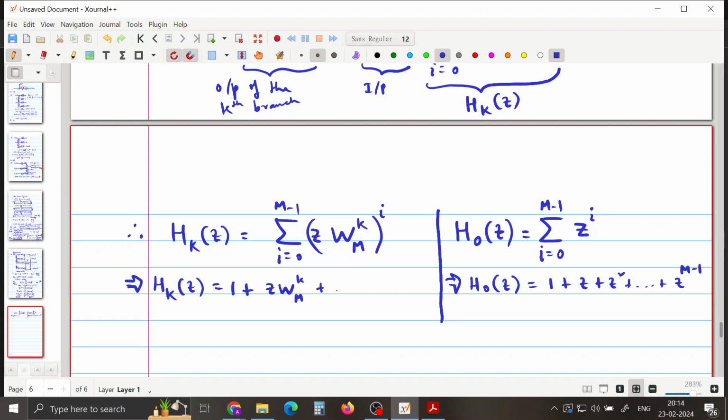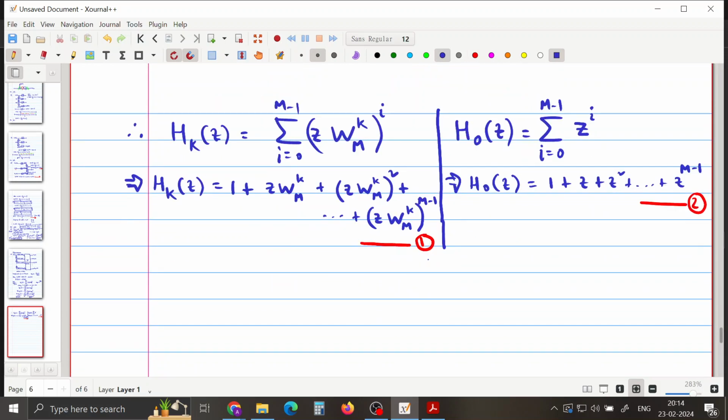For I equals 2, you get z times Wm to the power k, the whole squared, plus dot dot dot till, when I is m minus 1, the last value, z times Wm to the power k, the whole to the power m minus 1. Now let me label this by equation 1, and the one on the right hand side by equation 2.